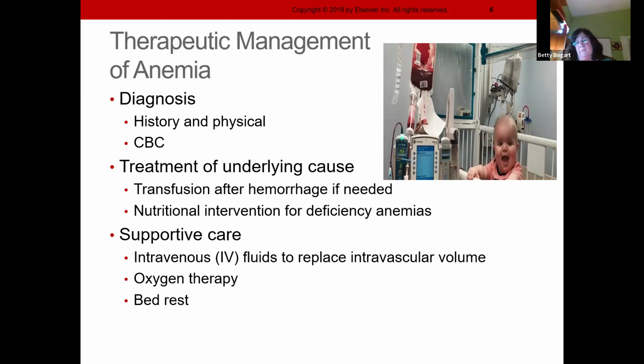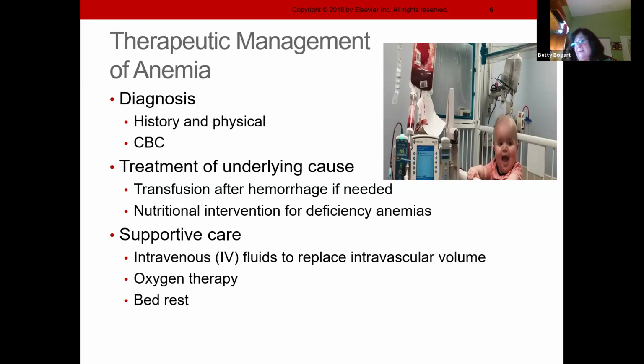The minimum we'll do is at least put a little volume in there to get the blood flowing around. We'll put oxygen on. Now, that's controversial because you only have a certain amount of cells. So you can give them oxygen, but does it really get more oxygen to the cells? But we do it because it seems like what we should do.